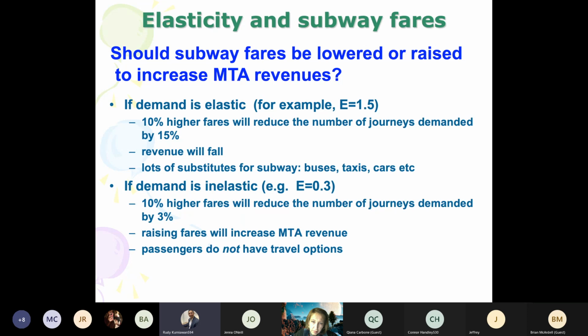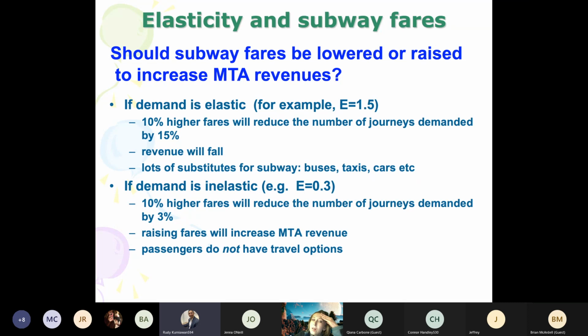But if you're looking at a bigger scope, like the whole transportation, then the demand will be elastic. So in our case, we're looking at one single specific case, which is the MTA subway. By all means, it's going to be inelastic.